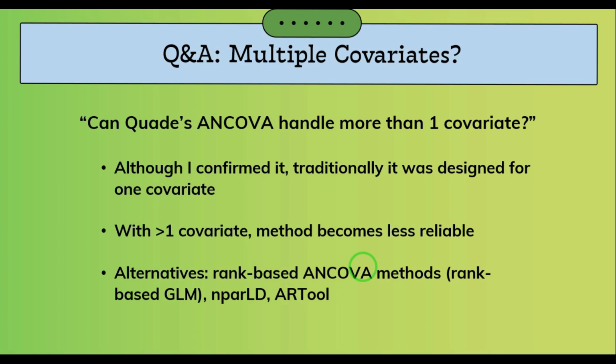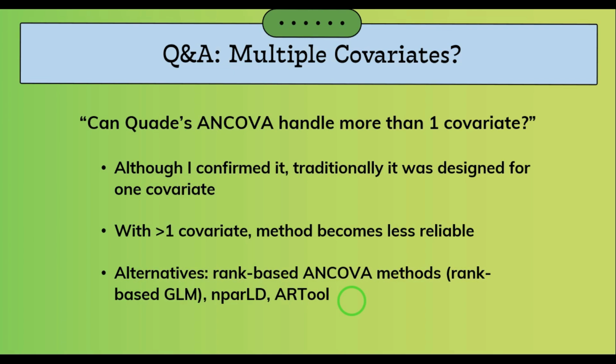To solve this in practice, statisticians have developed rank-based general linear models that follow the same spirit as Quade's idea, but allow multiple covariates. These models are implemented in R packages like nparLD and ARTool. You can use them and do the analysis when you have more than one covariate.